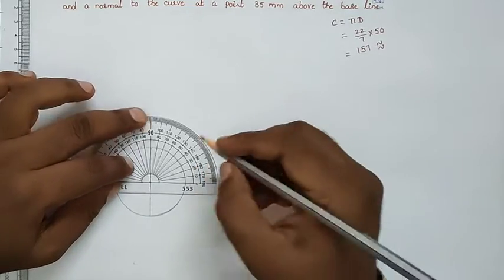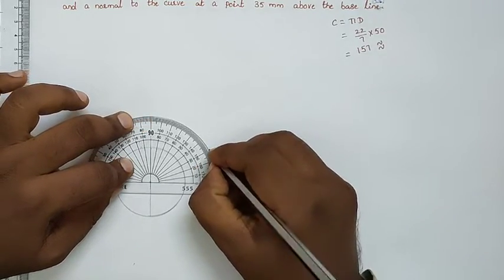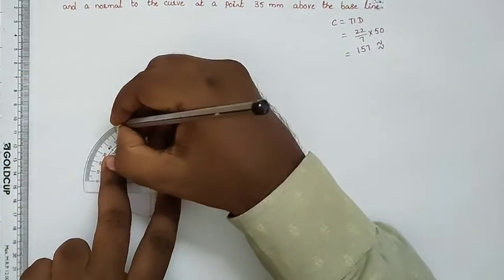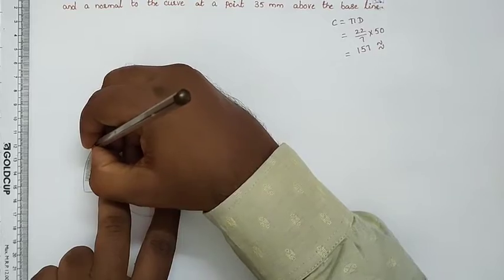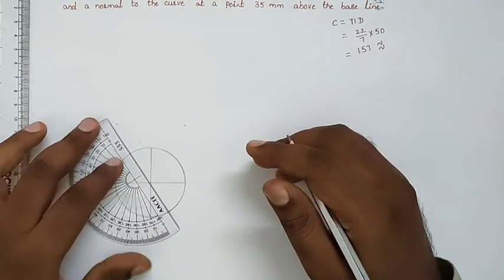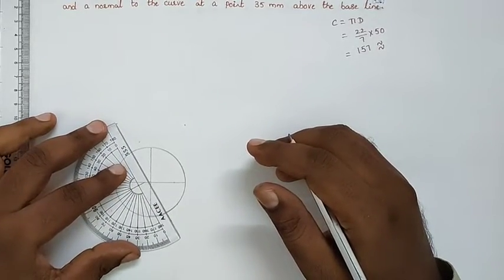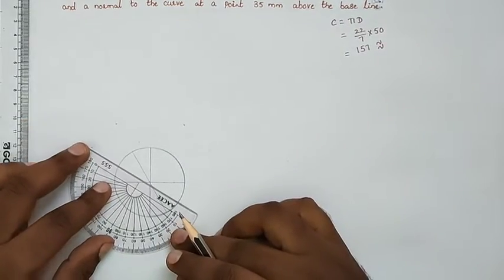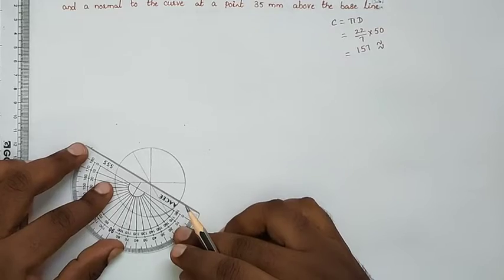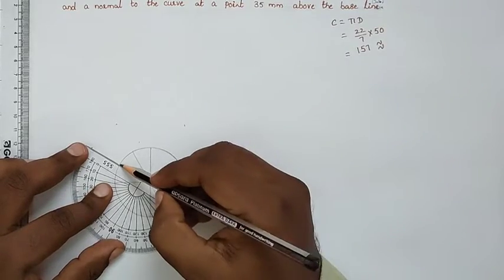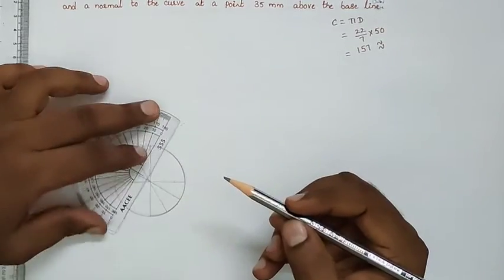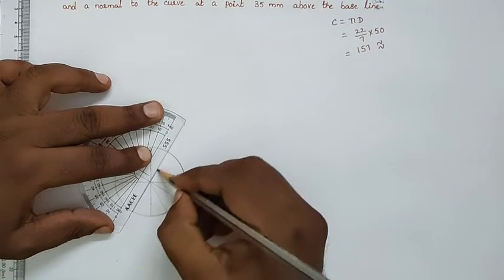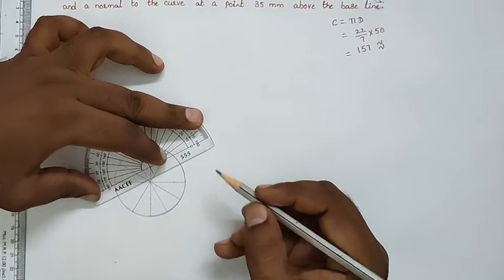I am dividing the circle into 12 parts so that each angle is 30 degrees. Now join the points and divide the circle into 12 parts, like that, in this direction.